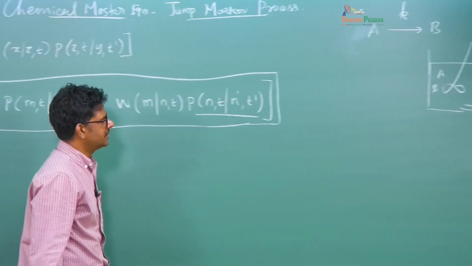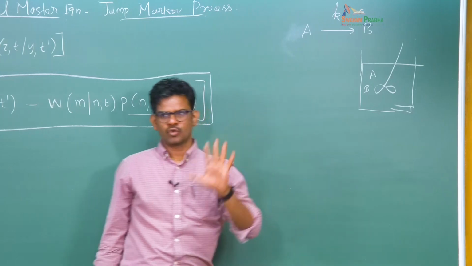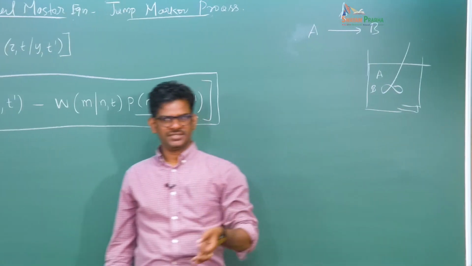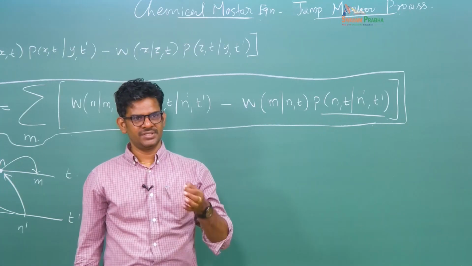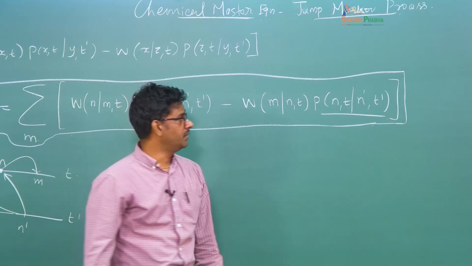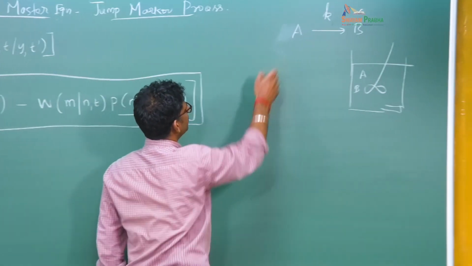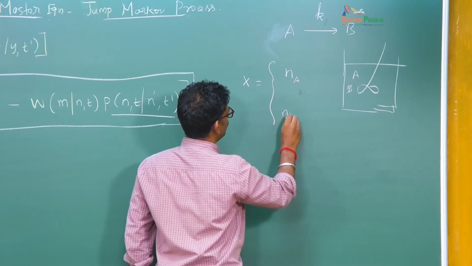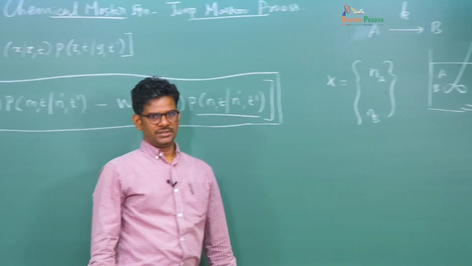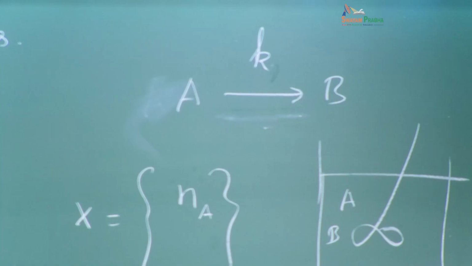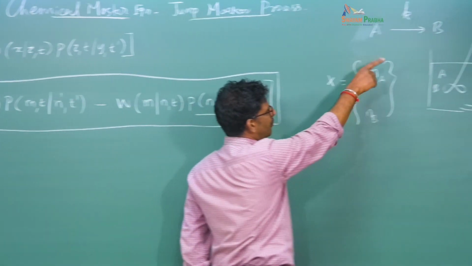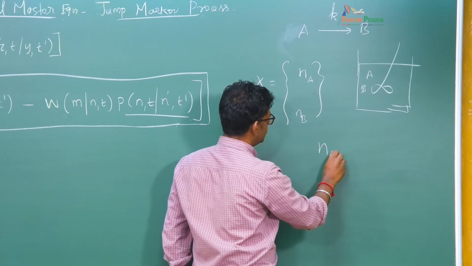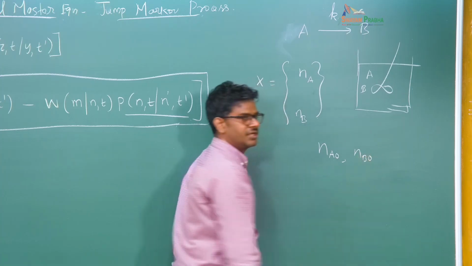But now we want to look at the same problem from this Markov process point of view, thinking of the reaction A to B as a stochastic process, a Markov process that happens with a certain probability of going from A to B. So the state variable X can be the number of molecules of A and the number of molecules of B. There are two variables we can specify, but the molecularity is 1: one A gives rise to one B. I'm also going to define Na naught and Nb naught as the initial conditions.